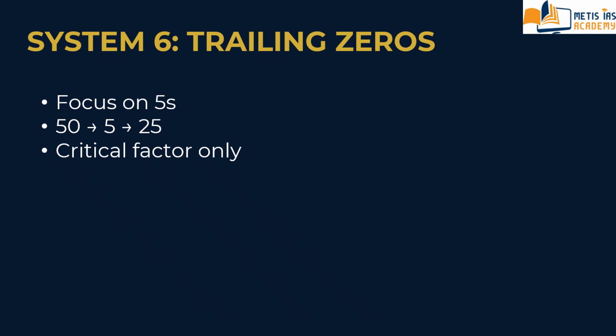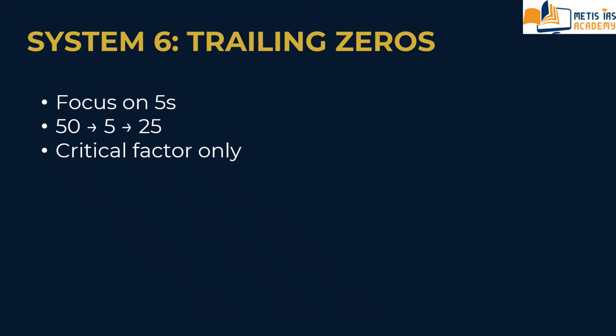And we are moving to system number 6, counting plus structure. The actual question is given in CSAT 2020. How many consecutive zeros are there at the end of the product 1 to 50? This is the actual question. This is not multiplication.